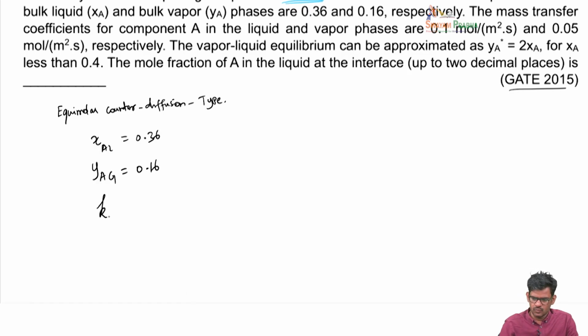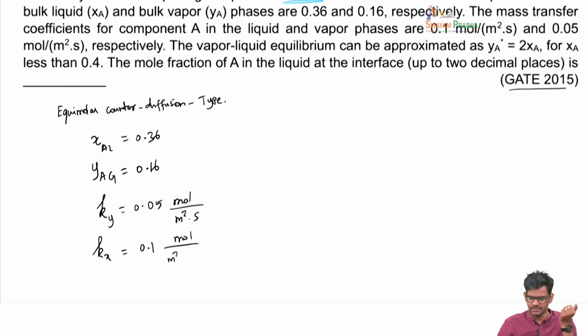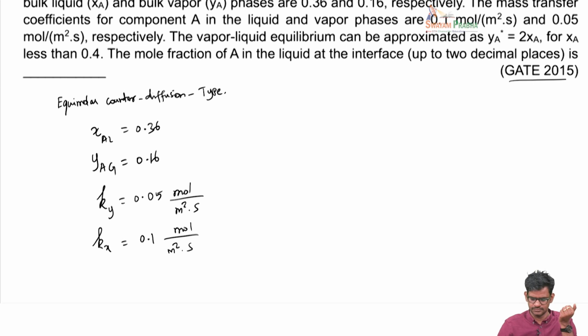So Ky is 0.05 moles per meter square second, and Kx is equal to 0.1 mole per meter square second. Do you want to correct me here in the use of mass transfer coefficients? Am I using the right types?